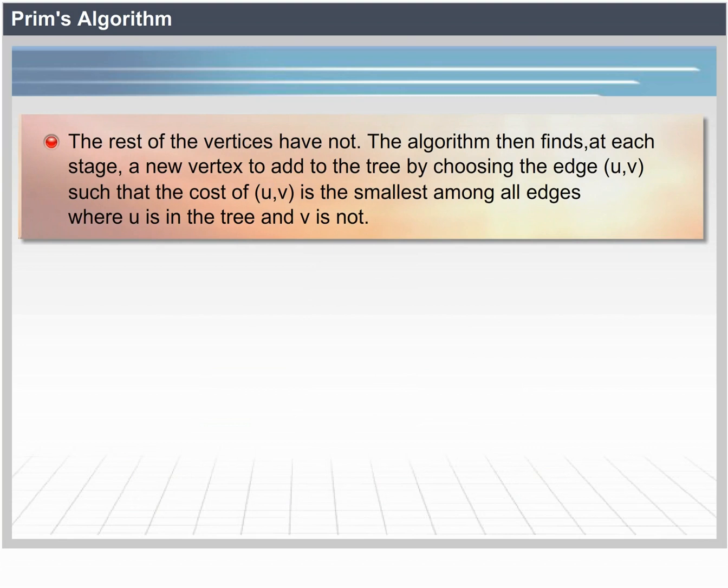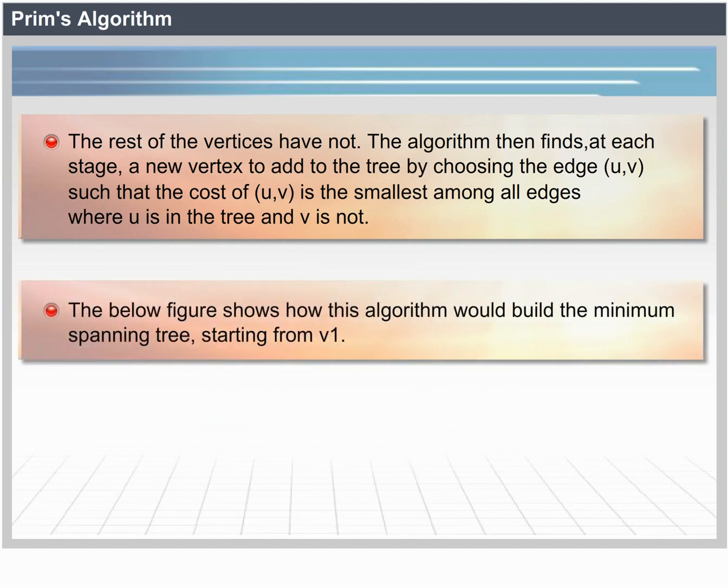The algorithm finds at each stage a new vertex to add to the tree by choosing the edge u, v such that the cost of uv is the smallest among all edges where u is in the tree and v is not. This figure shows how this algorithm would build the minimum spanning tree, starting from the vertex v1.